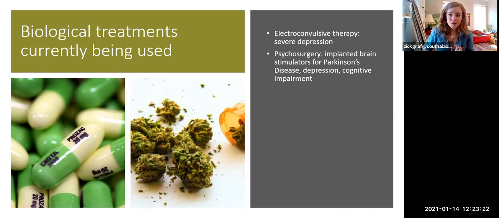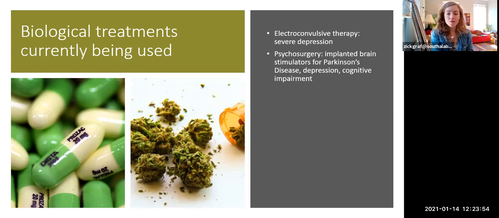On maybe more of the cutting edge, and this is mostly now being used for neurodegenerative diseases, so pathology in the brain that has a known cause, that has a known degenerative disease process in the brain, like Parkinson's disease. But for diseases where we know that parts of the brain are damaged or dying off, psychosurgery is a treatment that can implant electrodes in the brain that can help to stimulate those brain regions in ways that the neurons that are dying off in those brain regions because of a degenerative disease process no longer can.